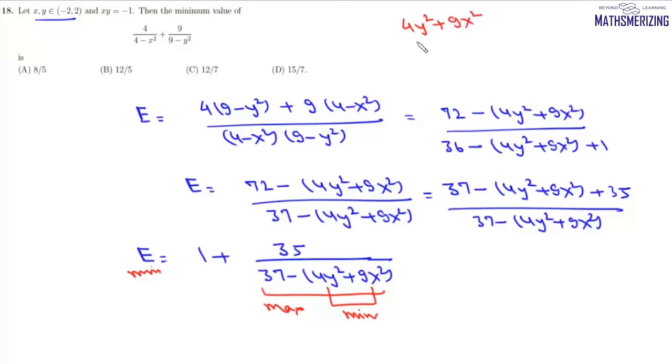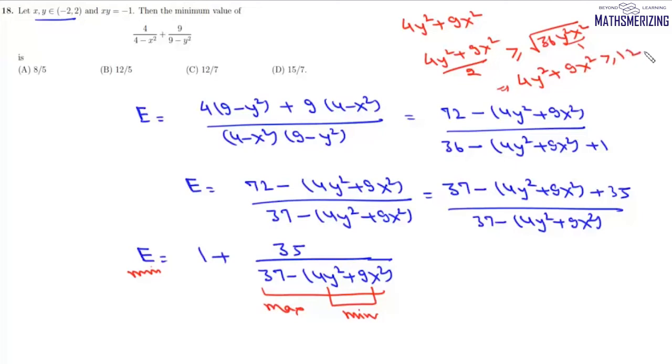4y^2 + 9x^2. So for the minimum value, we'll use AM and GM. We'll write (4y^2 + 9x^2) upon 2 will be greater than or equal to the square root of 36 into y^2 x^2. Now x into y is -1, x^2 y^2 is plus 1. We can write 4y^2 + 9x^2 will be greater than or equal to 12.